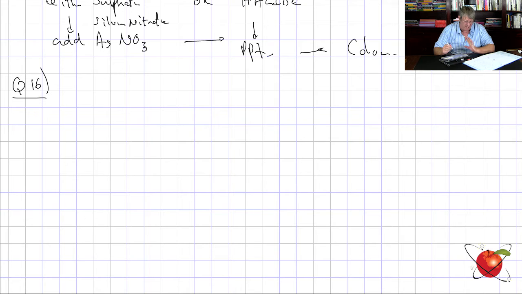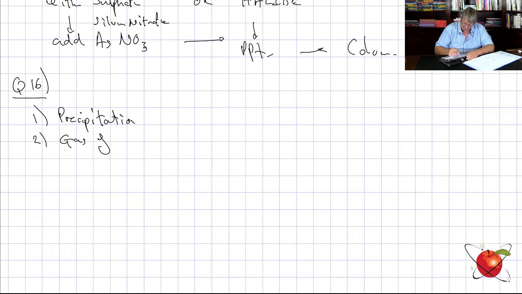Well, we've got 4 reactions. Number 1, we've got precipitation. Number 2, we've got gas forming. Number 3, we've got acid base. And all of these here are essentially ion exchange.